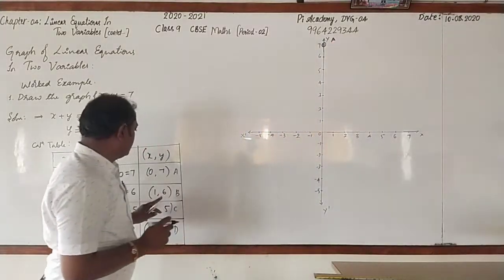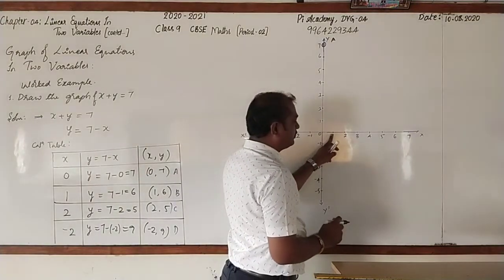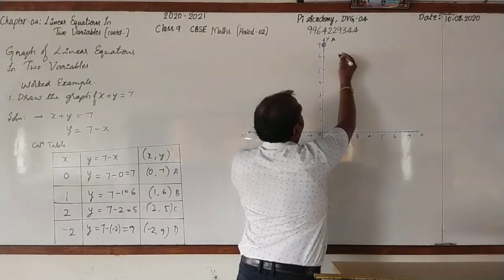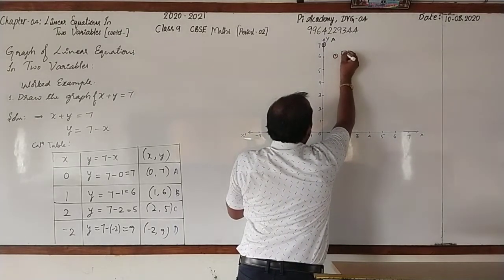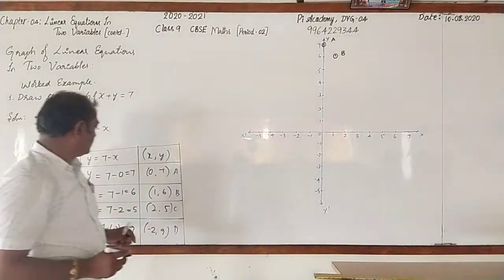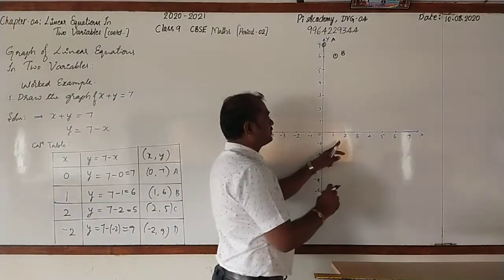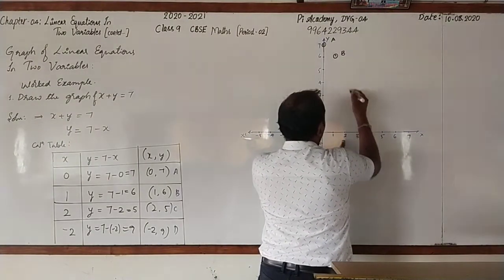Next, point B is 1, 6. When x is plus 1, y is plus 6. See that? That is here. You may call this point as B. Next, C. It is 2, 5. When x is plus 2, y is plus 5.